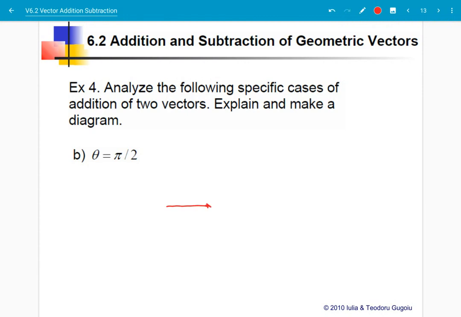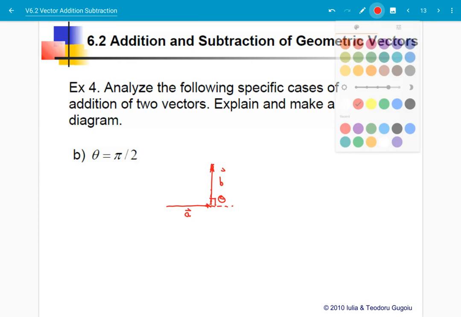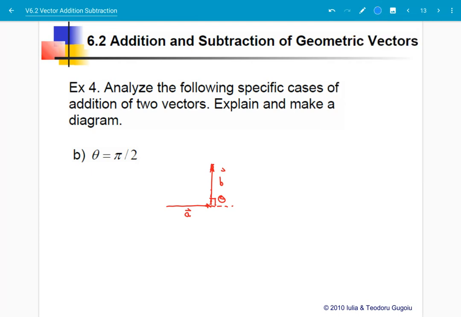So let's say we have vector A and vector B, and I'm adding them tip to tail. They don't have to be the same magnitude. Theta is out here, and that's 90. How do you get the magnitude of the resultant?